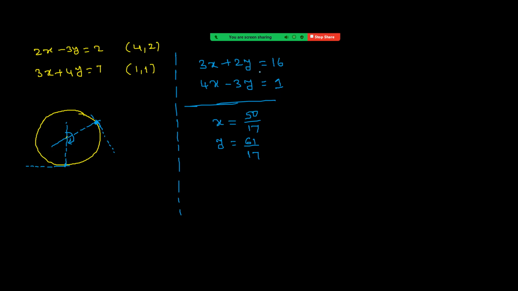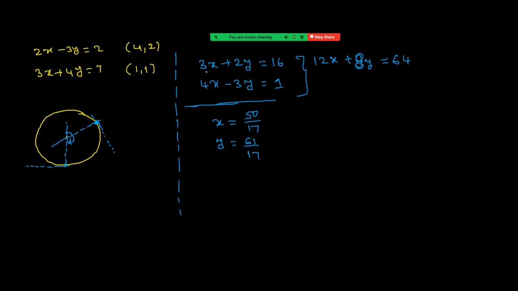So I think you can make the calculation for this. Suppose you want to eliminate x, then what do you have to do? Multiply the first equation with 4, the second equation with 3. Then what do we get? 12x plus 8y equal to 64, right?